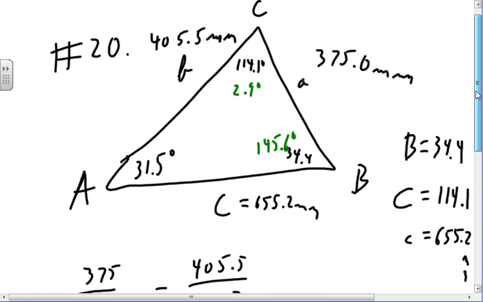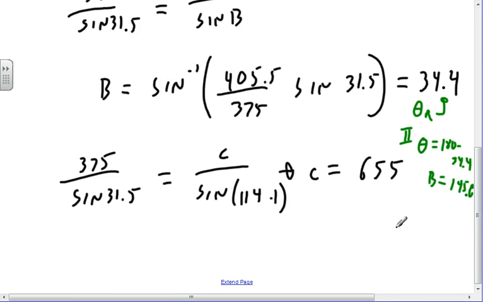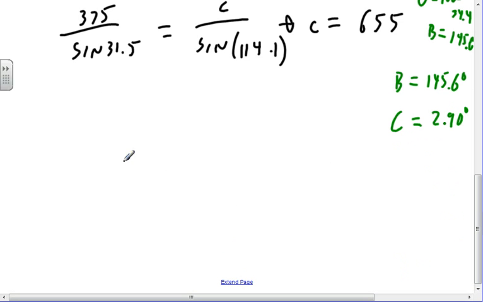Okay, so now I've got a new answer that says B is 145.6 degrees, C is 2.90 degrees. Okay, and now I've got to find little c.